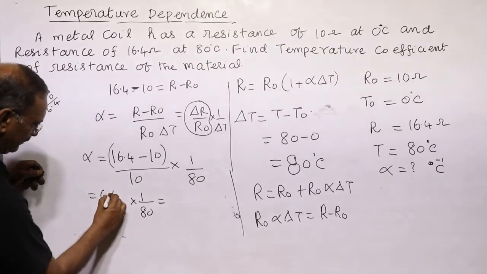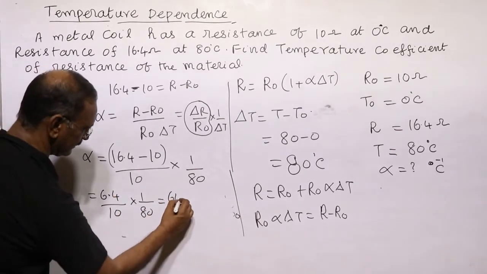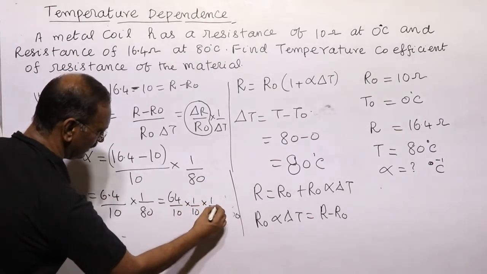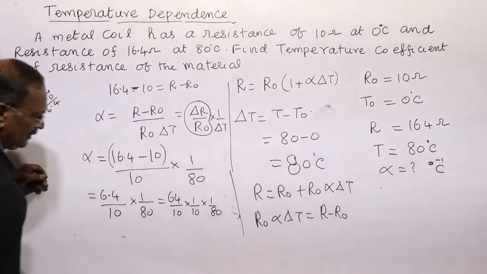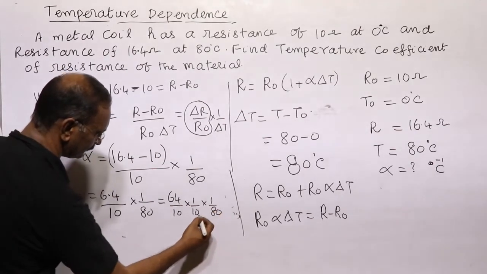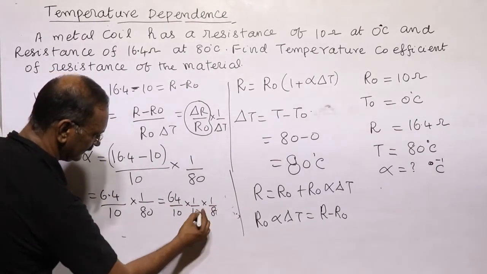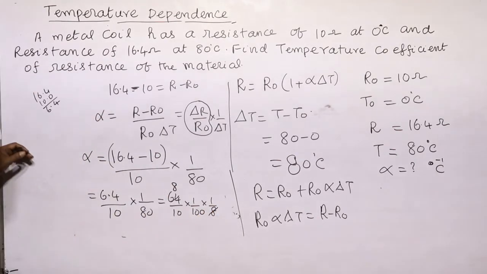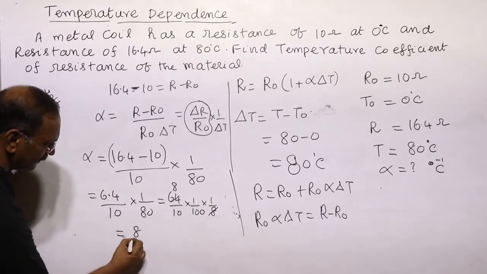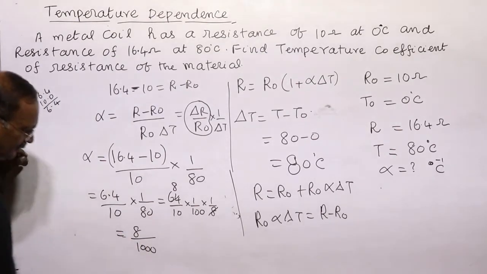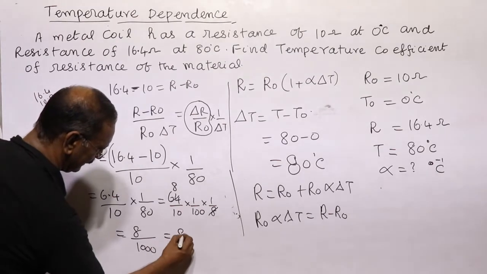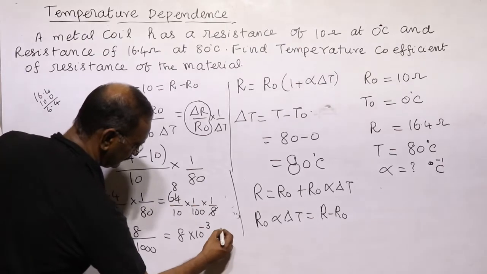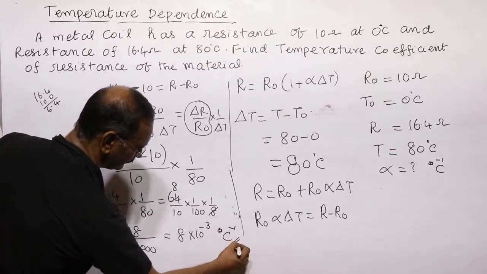So 64 by 10 into 1 by 10 into 1 by 80 is equal to 8 divided by 1000, which is 8 into 10 to the power minus 3 per degree centigrade.